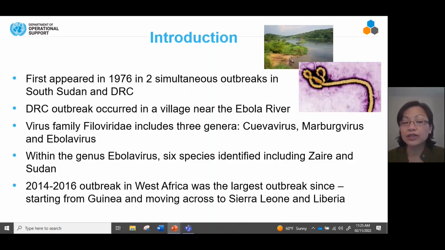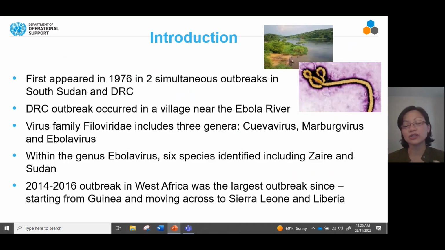So Ebola virus disease really first appeared in 1976 in South Sudan and the DRC. And in the DRC outbreak, it occurred near a village near the Ebola River, and that's where it got its name from. The Ebola virus is actually one of 3 genus that belongs to the virus family called Filoviridae.